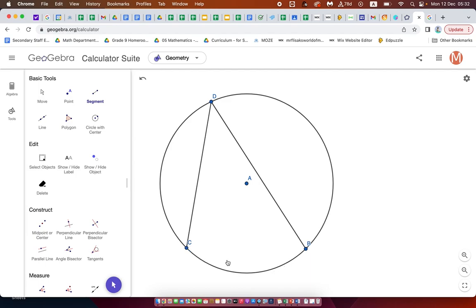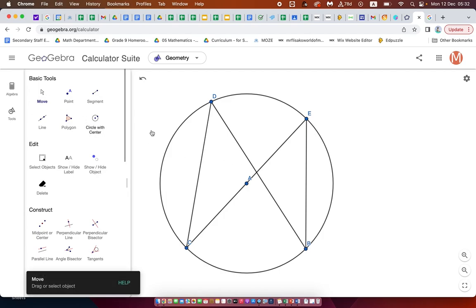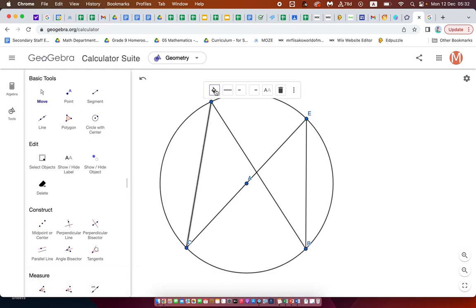Now I need a second inscribed angle opening to the same arc. So I need another point. I'll put it here, and I'll complete that angle as well. There's my angle. Okay, 2 angles opening to the same arc. However, in this diagram, it's kind of hard to see the angles, so we're going to actually use the move tool, and I'm going to change the color so the 2 angles are distinct. So I'm going to click on that segment, and here it has the color.